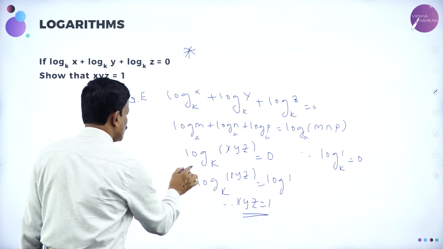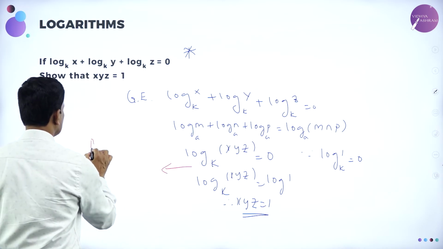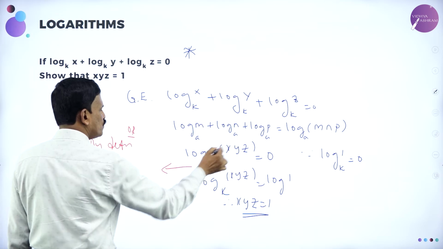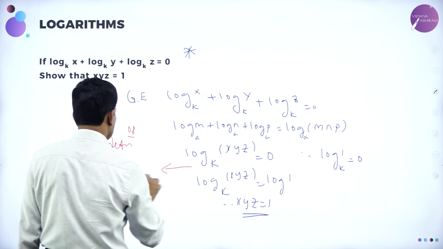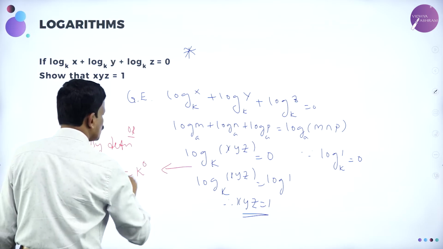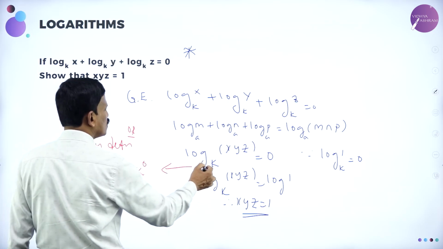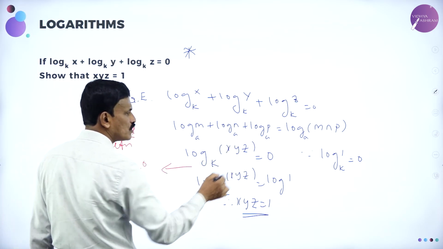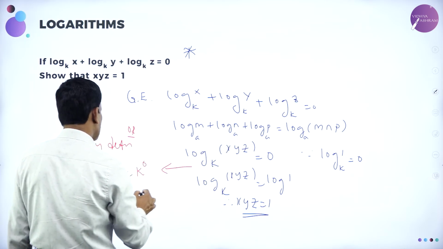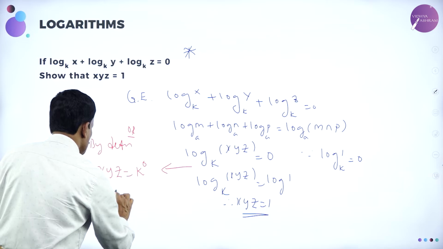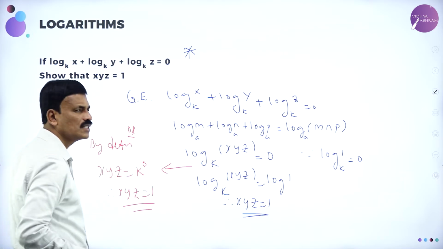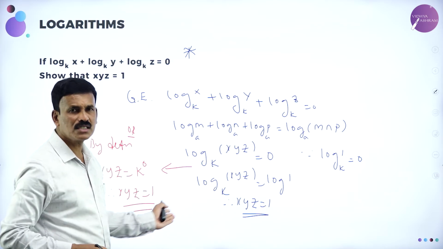Or even here, if you want, by definition, if you remove the log, k to the power of 0 is equal to xyz, because log of m to base n is equal to a means m is nothing but n to the power of a. Since what is k to the power of 0? So xyz is equal to 1. That's it. So you can simplify like this or like this.